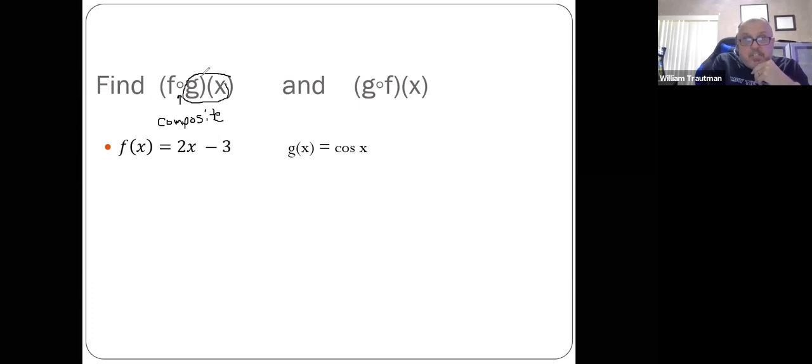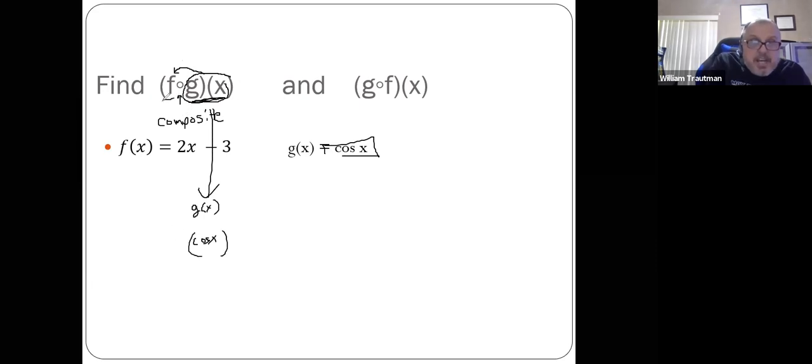Do this if there's any math involved, and then you plug your answer into the x value of the left function. So first we're going to do g of x in this first problem here. G of x is cosine x. So g of x is cosine x. You're going to plug that into the f function. Do you see that?